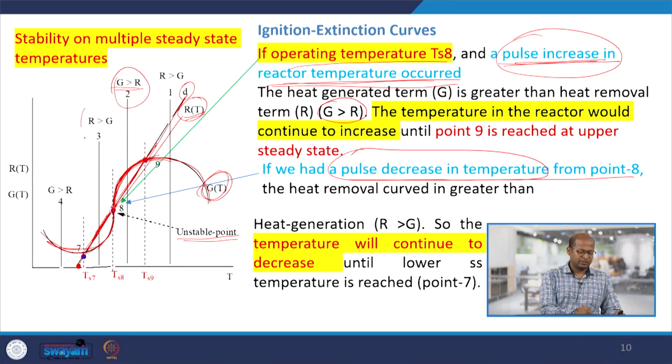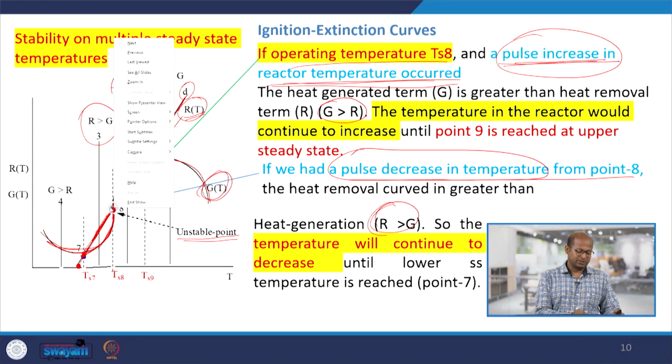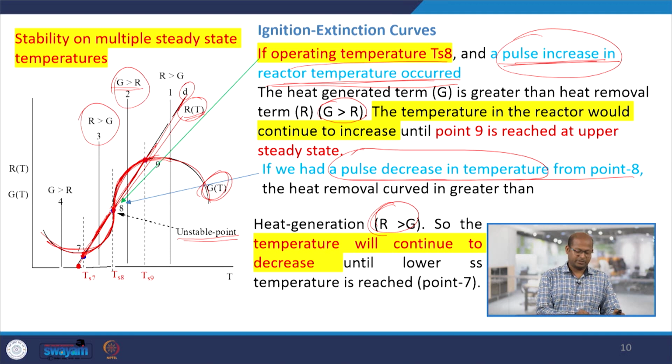So, here the heat removal is more than heat generation, so the temperature will continue to decrease this way, and the lines will reach point 7, a lower steady state temperature, shifting from 8 to here. So, if we give a pulse increase in the temperature, it would reach point 9. If we give a pulse decrease in the temperature, then it would go from 8 to point 7.